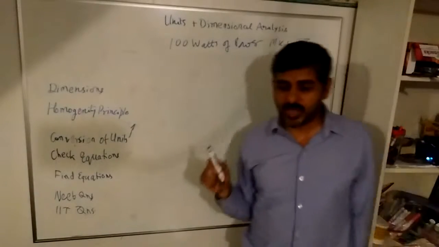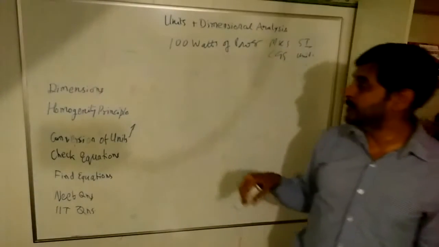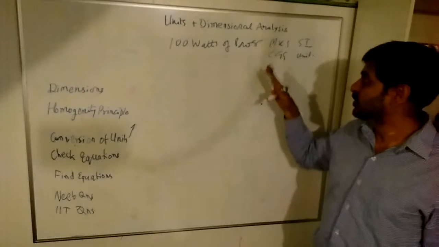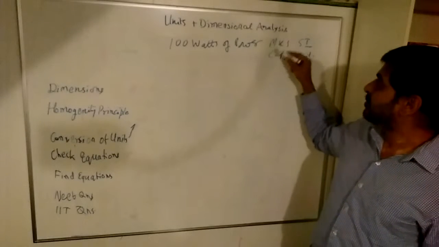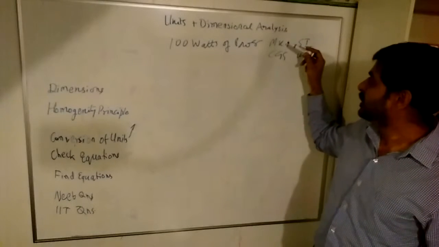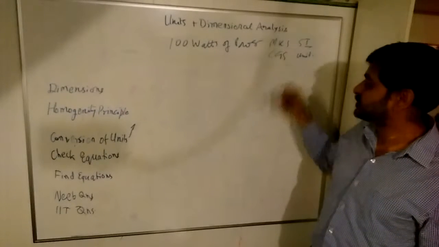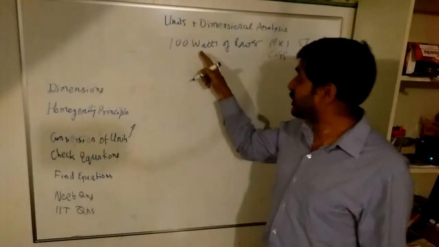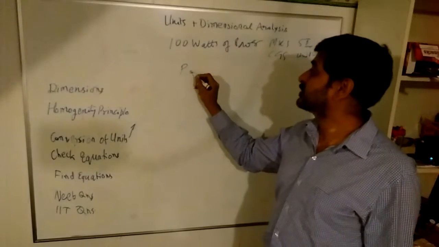You don't need to memorize the conversion ratios for everything. All you need to know is the kilogram to gram, and meter to centimeter conversion. So let's go about this. This power is in watts.